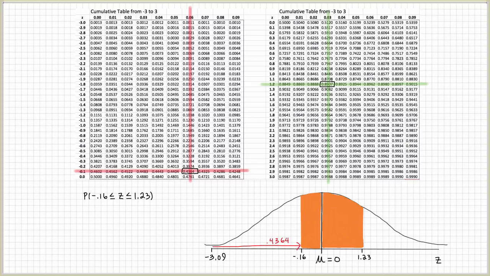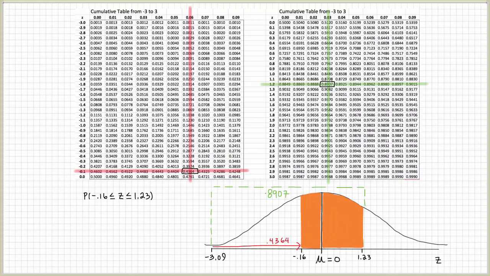And where's that hit? At 0.8907. That number tells us that the probability of 0.8907 started from negative 3.09 all the way out to 1.23. Of course, that's not the answer either, because that shade doesn't look like 89%.